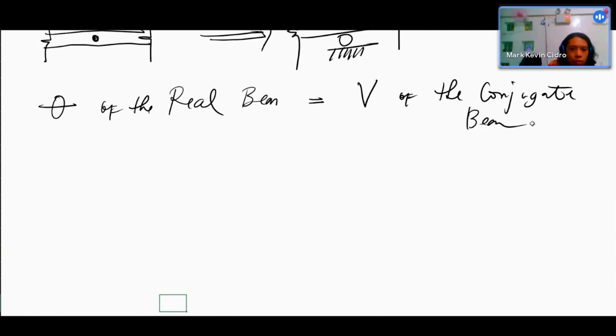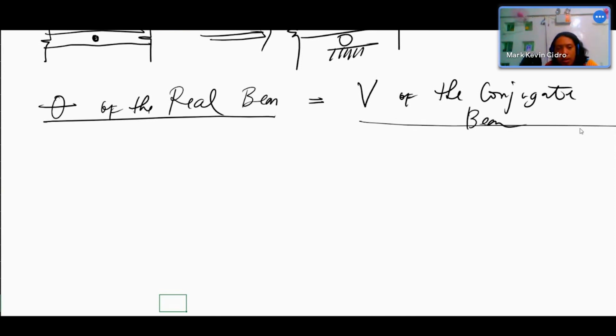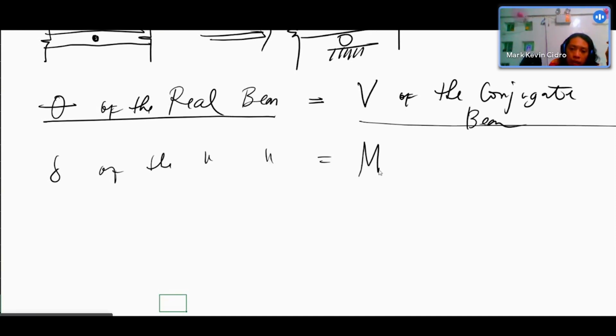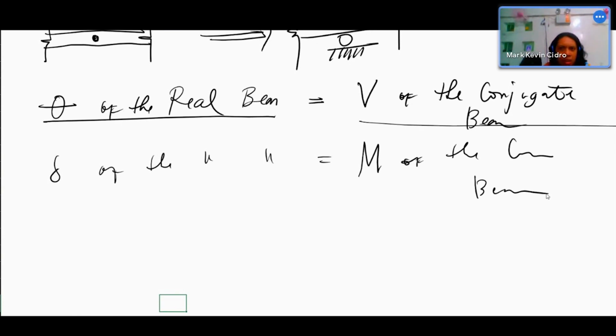Easy, right? Just like finding the shear at any section of a beam. And the deflection of the real beam is equal to the moment of the conjugate beam. Easy, right?